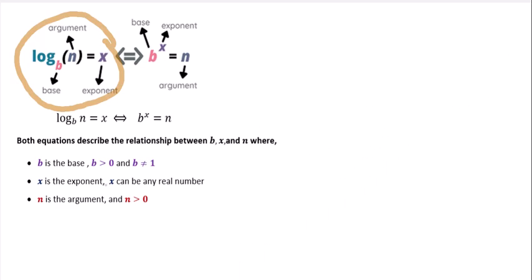Okay, the argument must be positive. So here n must be greater than 0. Why? Simply because if I say 2 to the power what equals negative 2, let's think about an exponent x which makes this equation true.